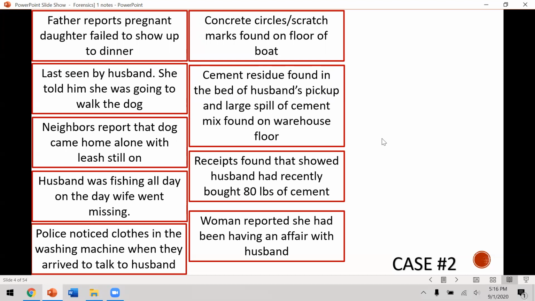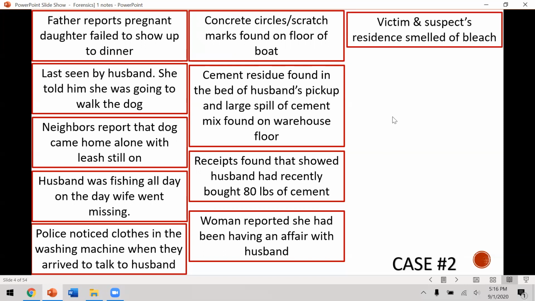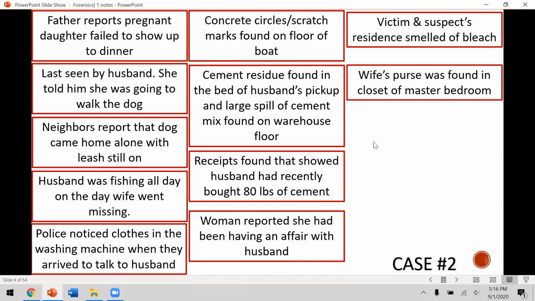A woman reported after the initial missing report that she was having an affair with the husband. Police said that the victim and suspect, the wife and husband's house, smelled like bleach when they arrived to talk to the husband. The wife's purse was found upstairs in the closet of the master bedroom with all of her belongings in it.